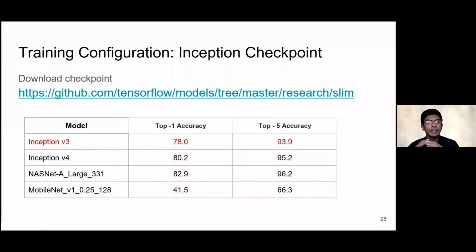So here are some training configurations. Essentially some Inception models that are available. For this instance, we use the Inception v3, which is the image classifier with 1,000 classes as the possible output. So the output would belong to one of those classes.